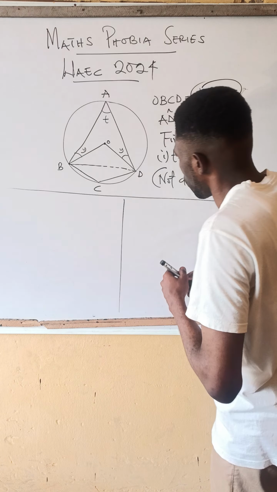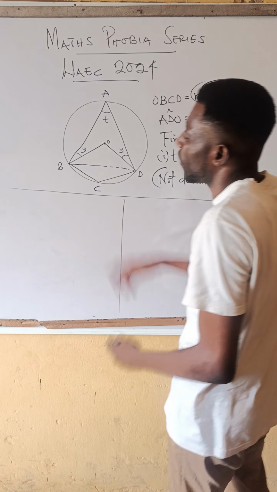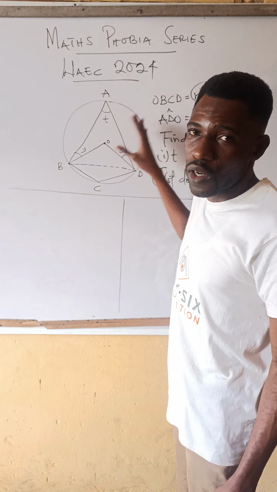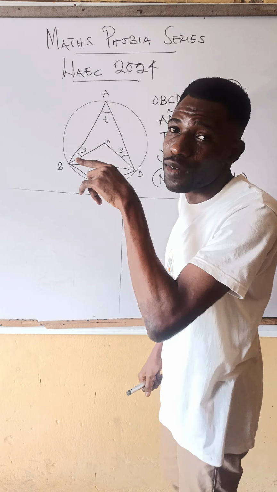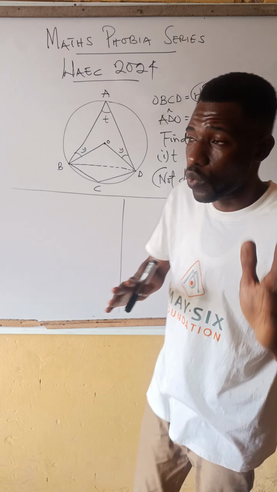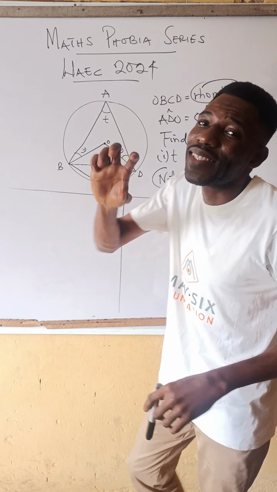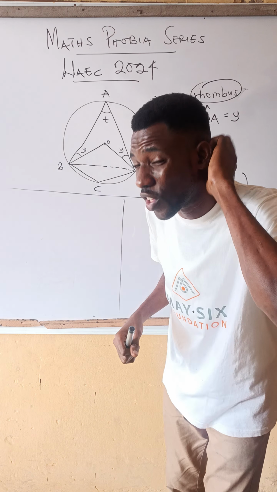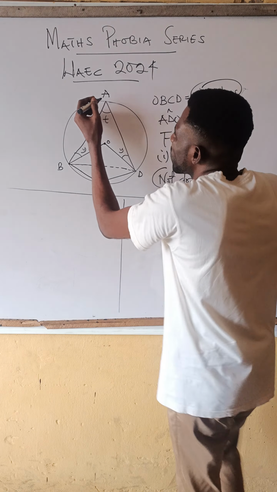Now, follow me. First of all, let's analyze this circle. We'll see that we have a cyclic quadrilateral inscribed in this circle. What is a cyclic quadrilateral? A quadrilateral is simply a four-sided figure. It can be a square, trapezium, rhombus, any four-sided figure. But a cyclic quadrilateral is a four-sided figure such that its edges touch the circumference of the circle.